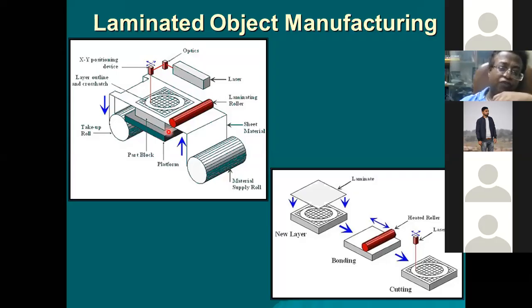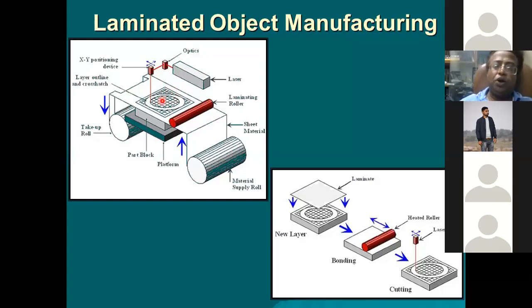Then the platform will go down. Again, this will move, and the next layer will be deposited. Roll will move. You will again cut. So that's how you are able to develop the component. You are doing cross hatching also, you can see. Actually, in this picture, this annular ring is what was desired, and all the rest is waste material.